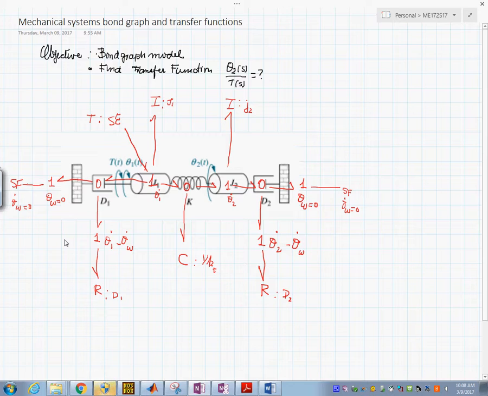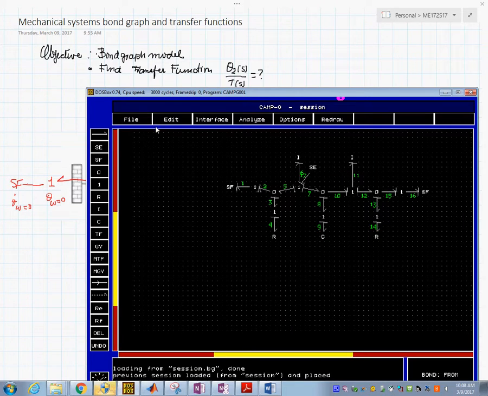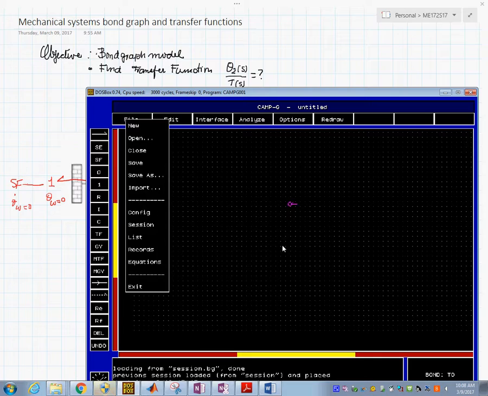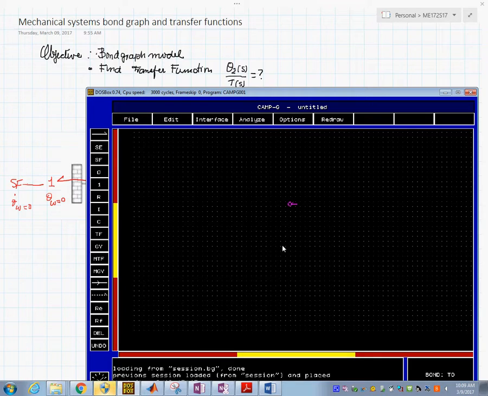I believe we are ready to enter this into the CAMG software. And let's just go and do that. One thing that we know is that we can enter this in any order that we want.